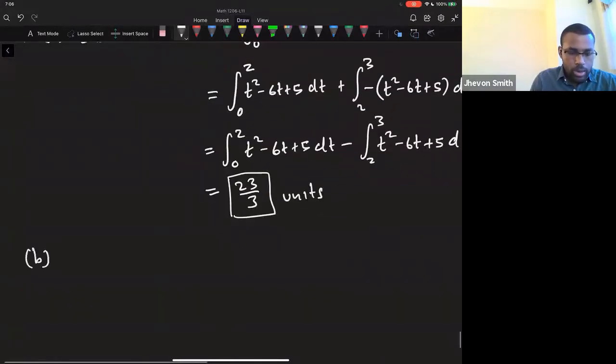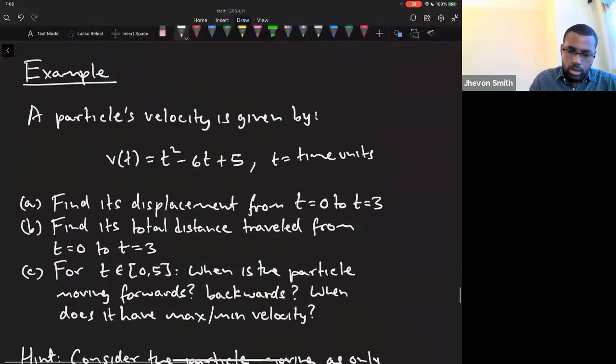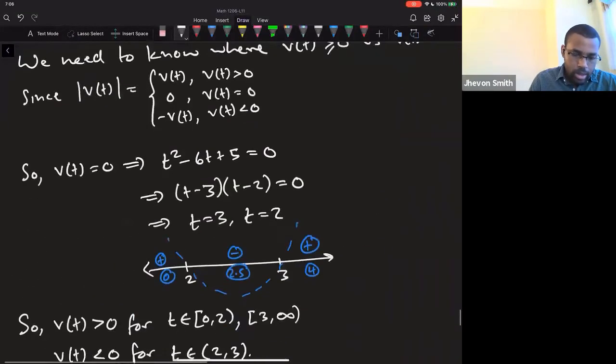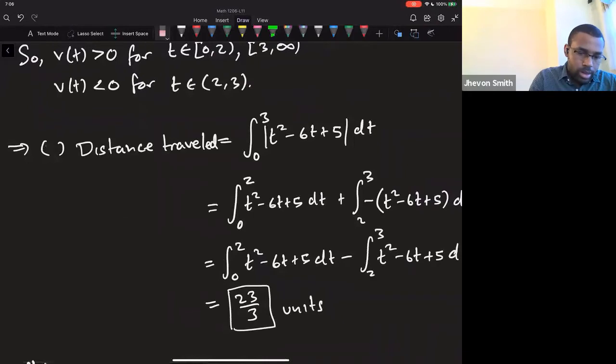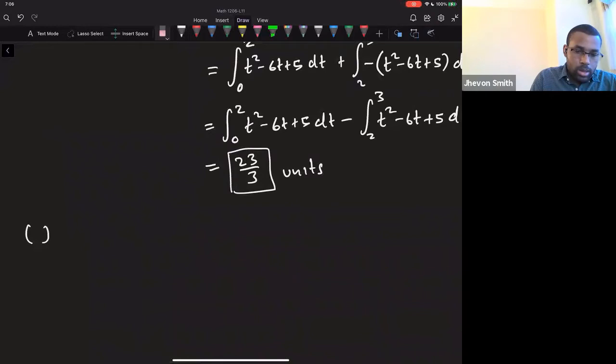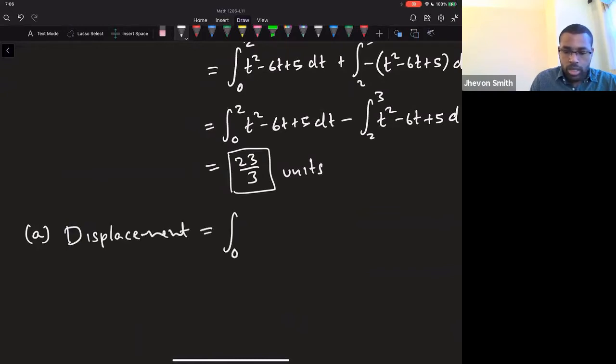And for the other part, I think I wrote this differently. Let me just label it differently here. So for displacement, it would just be 0 to 3, and then I don't do any absolute values.